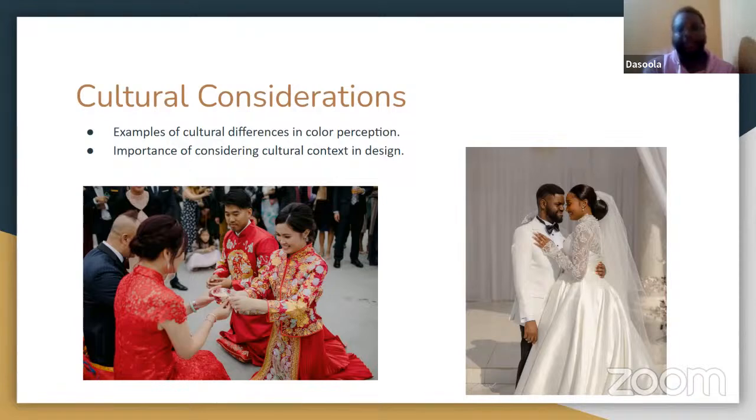You have to make sure that it is something that grabs their attention. It's something that to them represents what they've been taught since young. So no matter what side of the world you are working on, you need to do your research, find out their cultural considerations, and then you move forward.